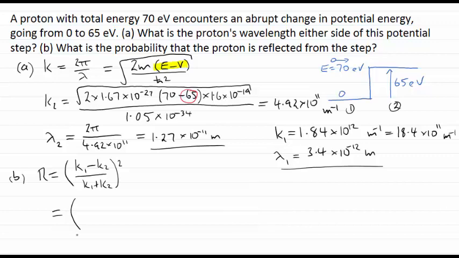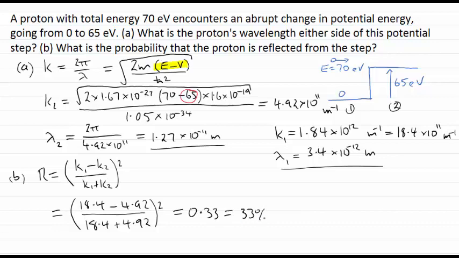So then K1 minus K2 will just be 18.4 minus 4.92, and divided by the sum of those, 18.4 plus 4.92, and then I better square all of that. When I do that, I find the value I get there is 0.33, or 33% if you prefer.